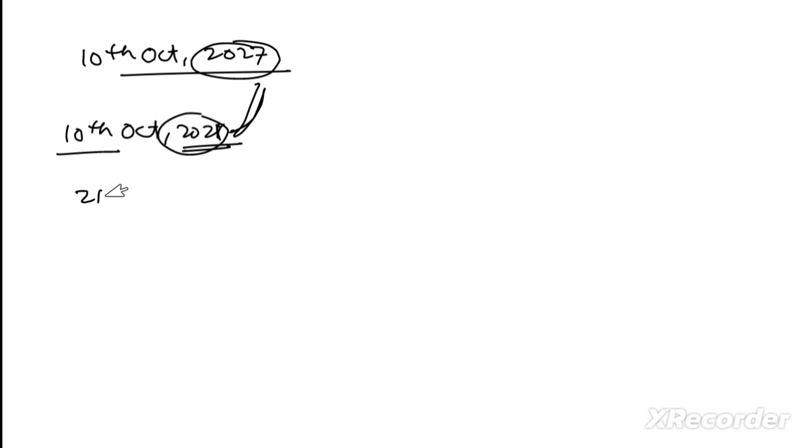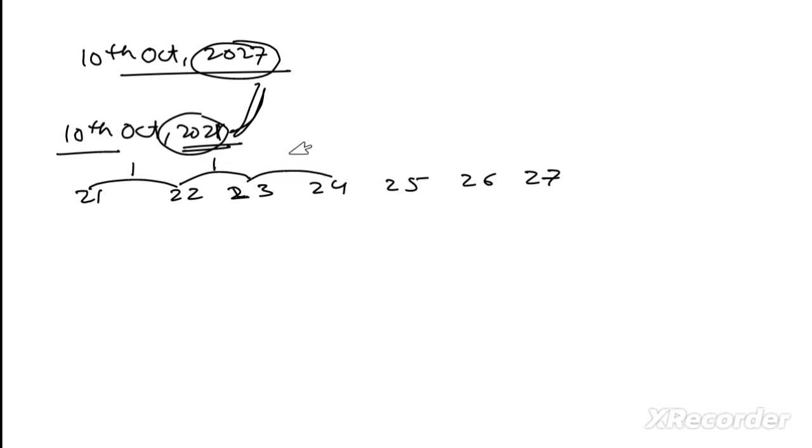If you are going from 21 to 22, 23, 24, 25, 26, and 27: from 21 to 22, it will be one extra day. From 22 to 23, again one extra day. From 23 to 24, one extra day.